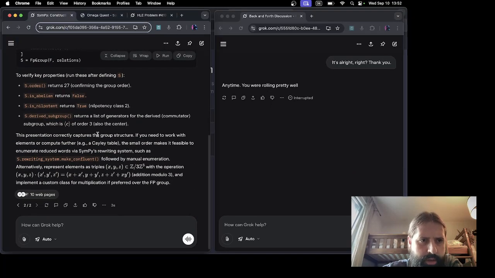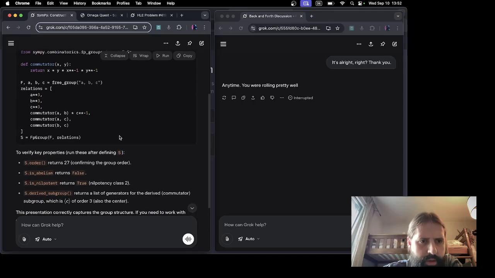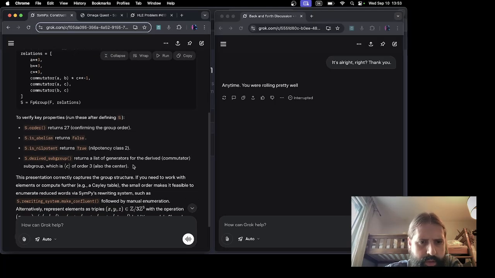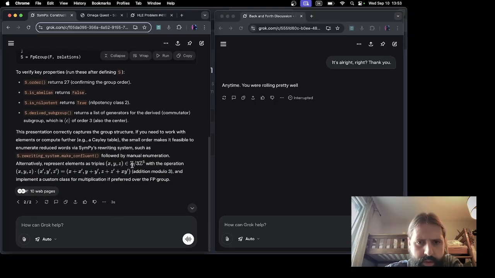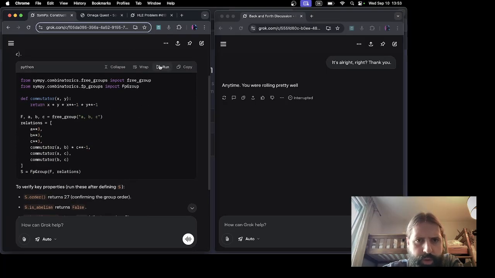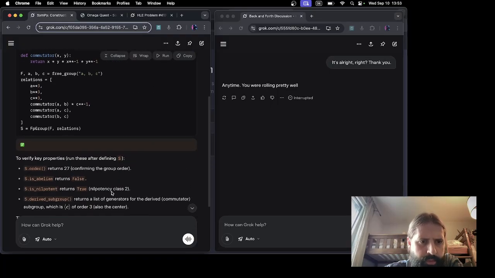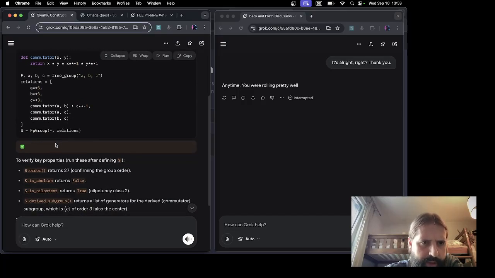That's broken. False, nilpotent true. So what if I run this code? What is happening here? It just runs it. Oh, it doesn't output anything.